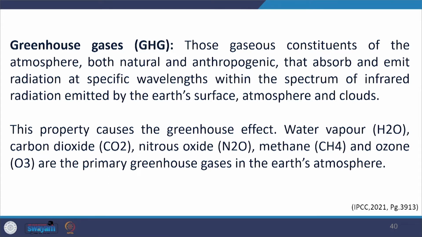Anthropogenic means produced by human activities, our activities, that absorb and emit radiation at specific wavelengths within the spectrum of infrared radiation emitted by the Earth's surface, atmosphere, and clouds. This property causes the greenhouse effect. So, we see various gases, like even water vapor, but the major concern is on carbon dioxide, nitrous oxide, methane, and ozone, which are the primary greenhouse gases in the Earth's atmosphere.